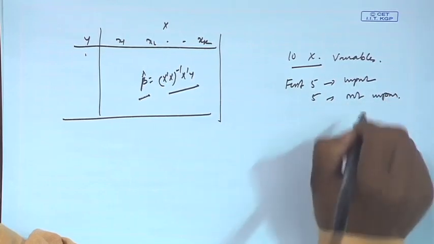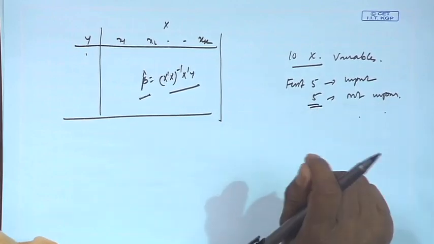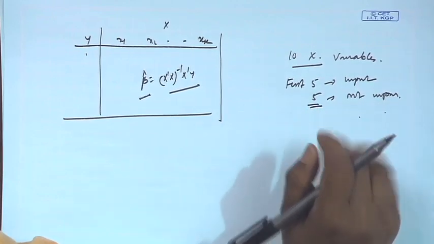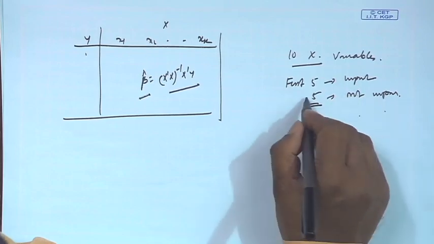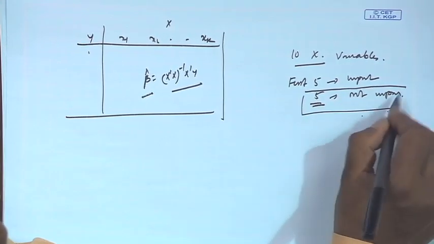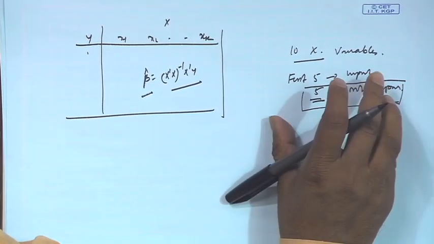But I want to be doubly sure that the last 5 are not contributing. So, in that case, you want to test all those 5 regression coefficients simultaneously, and then accordingly reject the null hypothesis that this set of variables are not contributing, or that they are contributing.